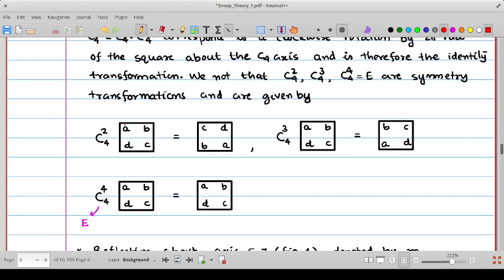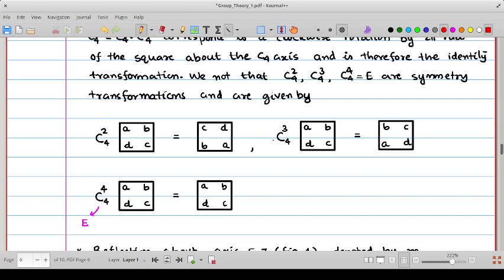So this vertex label A goes to this position, and this vertex label B goes to this position, and this vertex goes to this position, and this vertex goes to this position. So A goes to C, so that is A here, and B here, B goes to this position, C and D. So this is a rotation by pi radians, and this is also a symmetry transformation.